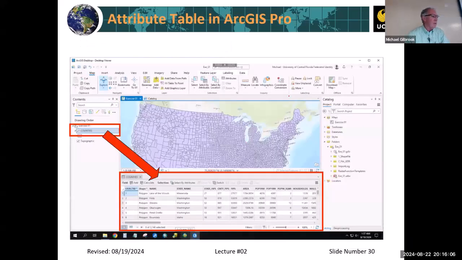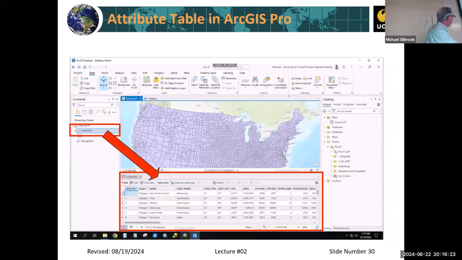All right, here's what the attribute table looks like in ArcGIS Pro. So here is the interface for ArcGIS Pro. We'll talk more about all the details, but you can see here we have a data layer that consists of counties.